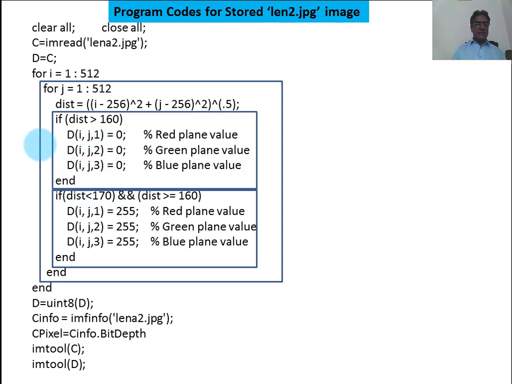So if distance is greater than 160 and distance is less than 170, then make the red plane at that coordinate 255 and the green plane at that coordinate also 255, that is white, and the blue plane in that area which belongs to this range should also be 255.